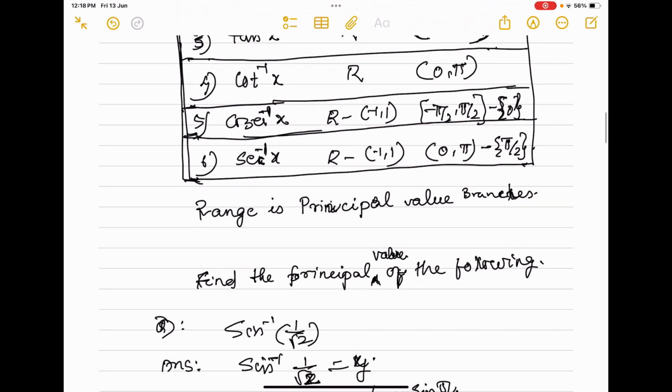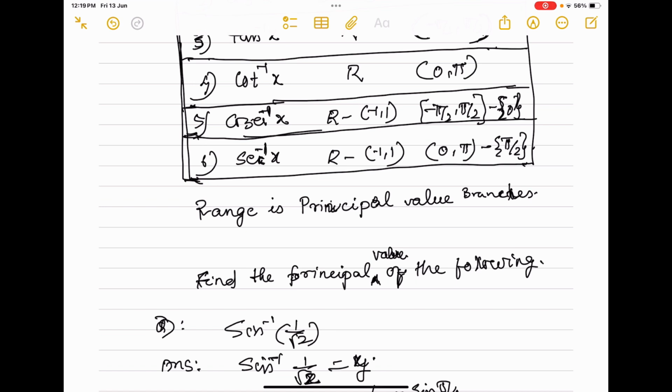Then sec inverse x, domain is R minus the open interval negative 1, 1, then range is the closed interval 0, pi minus pi by 2. The range is also called the principal value branches.